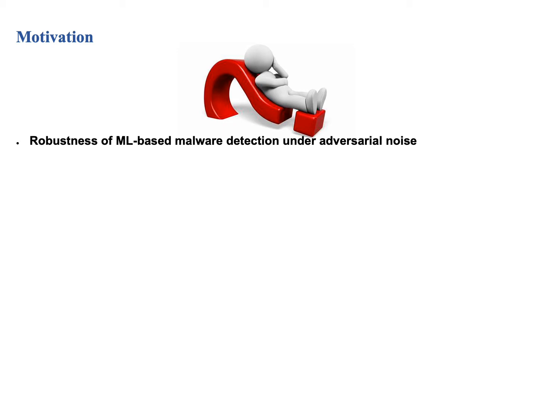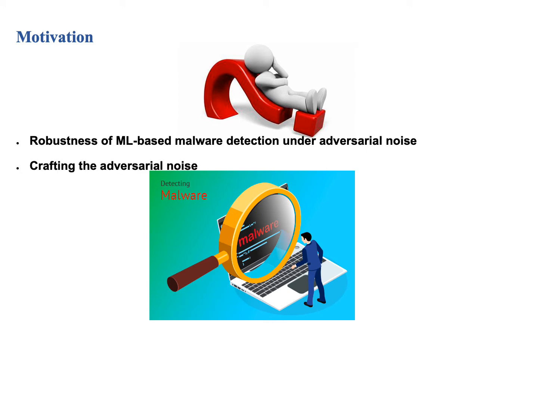And the second question is, how can we construct this type of adversarial noise? That means, how can we modify the samples in order to fool the machine learning based classifier into making a wrong decision?